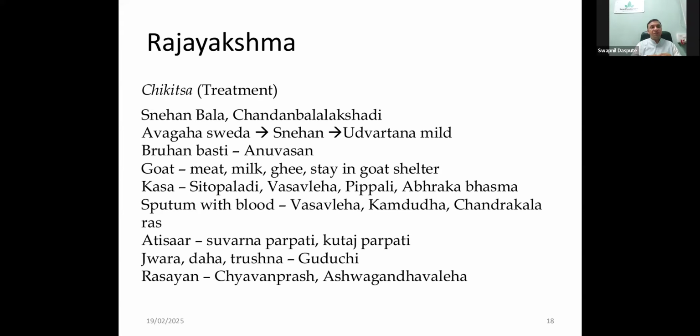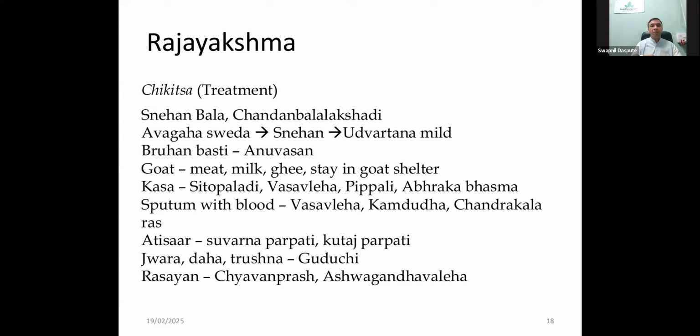For Rasayana, Chavanprasha Leha and Ashwagandha Leha will be good. They will improve the Agni, Dhatu Agni, and nourish all the dhatus. Chavanprasha, when consumed in controlled quantities in Rasayana Kala, which is empty stomach in the early morning, will certainly act as Rasayana to all the tissues.